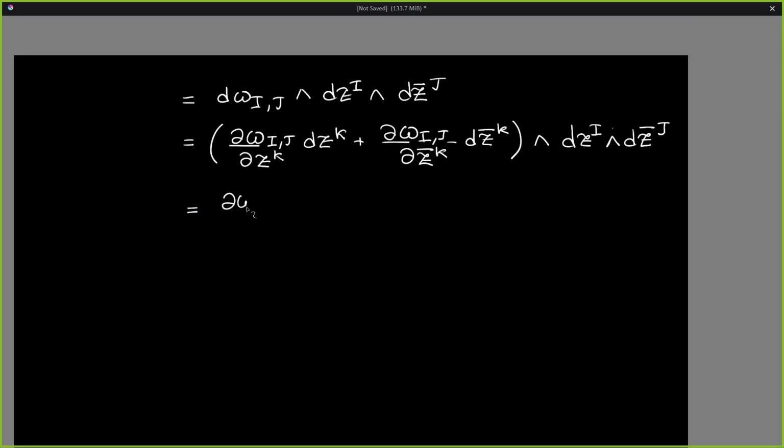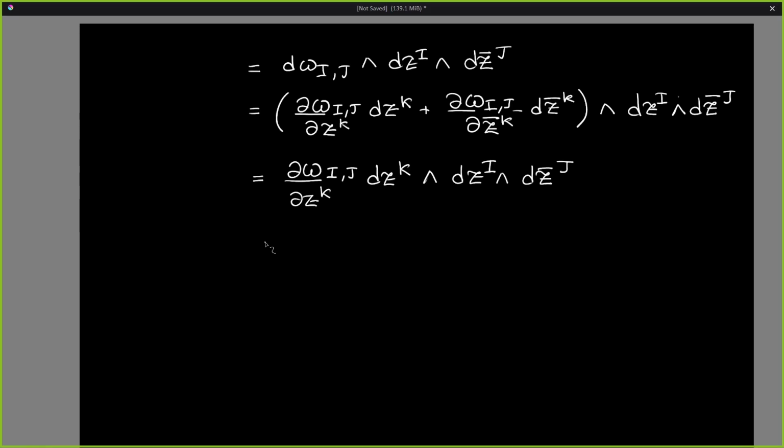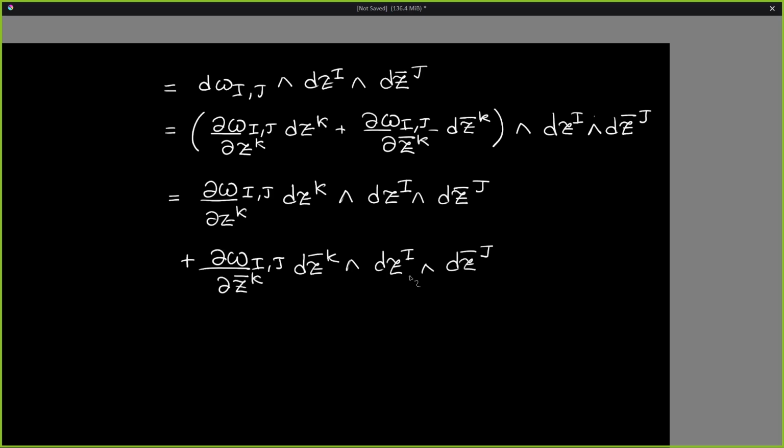Let's just distribute all of the terms to see what we got. dz bar j plus partial omega ij partial z bar k dz bar k wedge dz I wedge dz bar j.